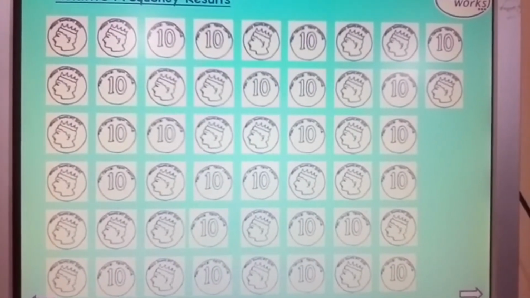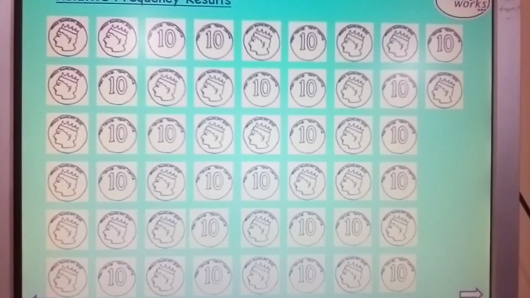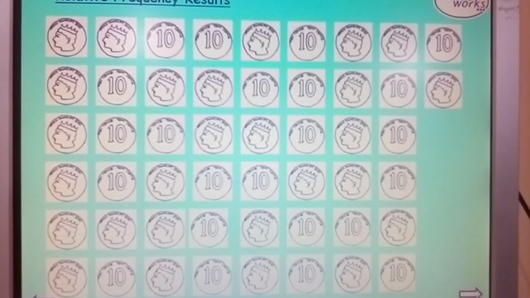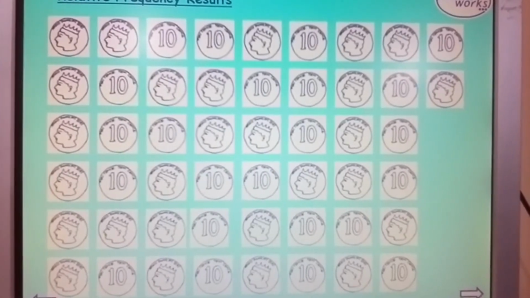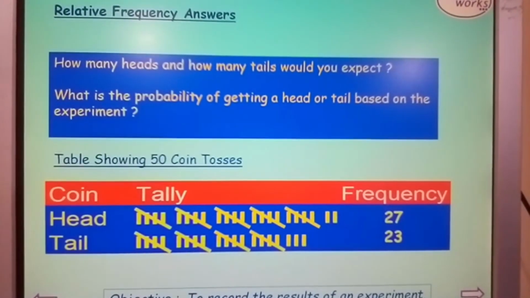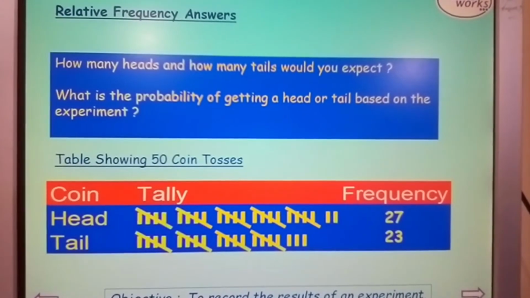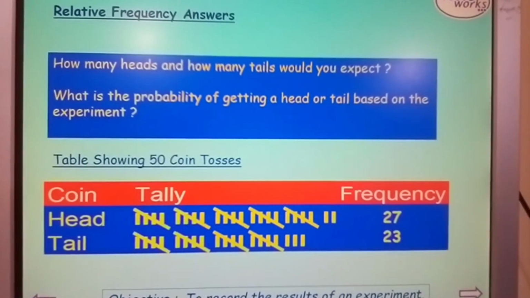Now that's the relative frequency of results. Heads, tails, etc. Now frequency, relative frequency answers. How many heads and how many tails would you expect?